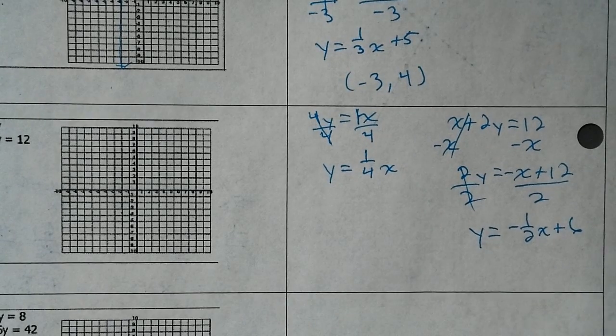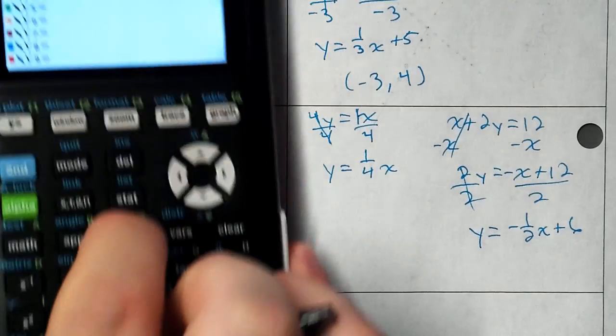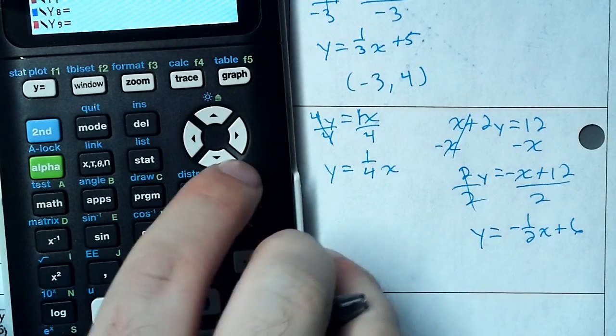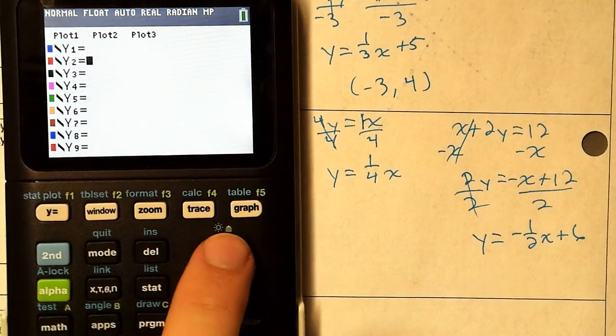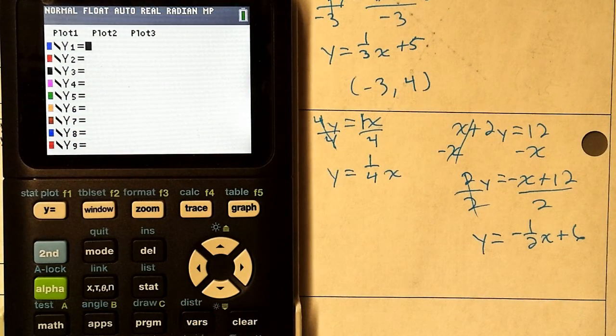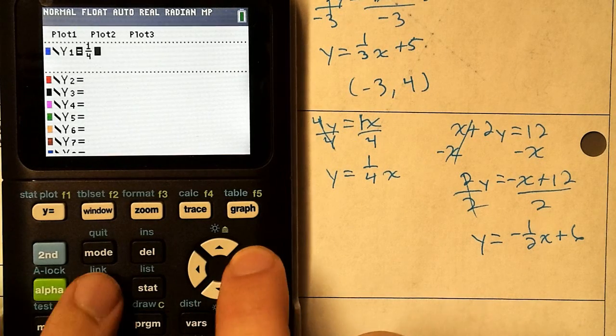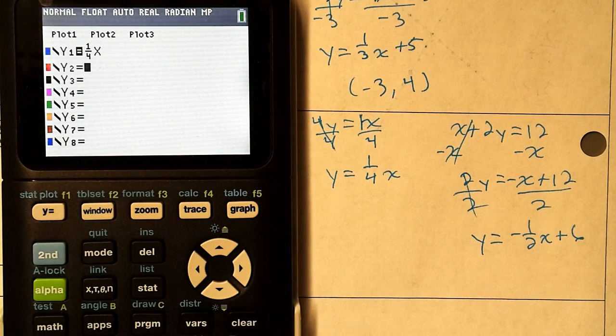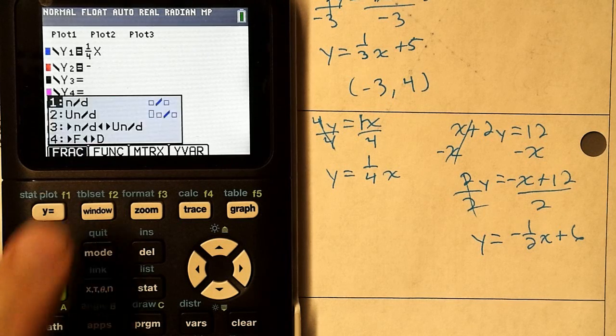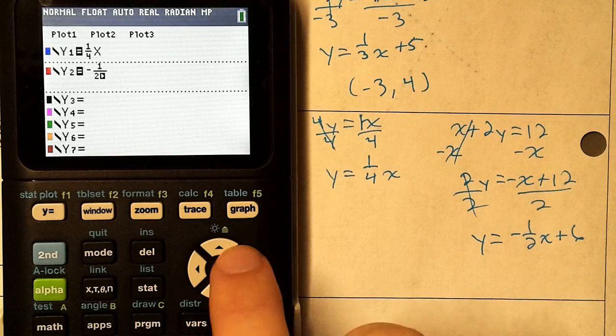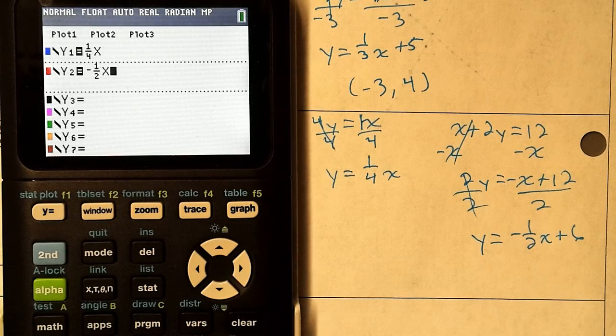So, I have my equations. I can go in and graph it. I'm going to go ahead and clear my other lines and then type it in. So 1/4 x, and then my next equation is negative 1/2 x plus 6.